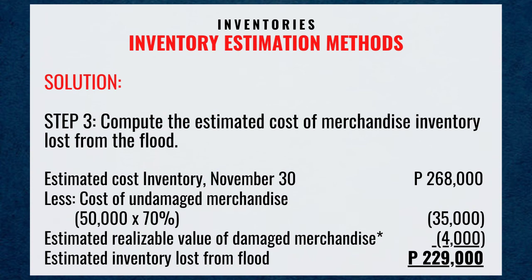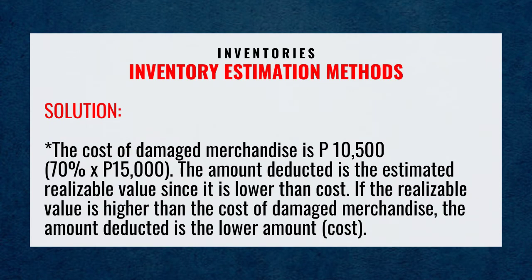Estimated realizable value of damaged merchandise is 4,000 pesos. Estimated inventory loss from flood, 229,000 pesos. One asterisk means that the cost of damaged merchandise is 10,500 pesos, 70% times 15,000 pesos.